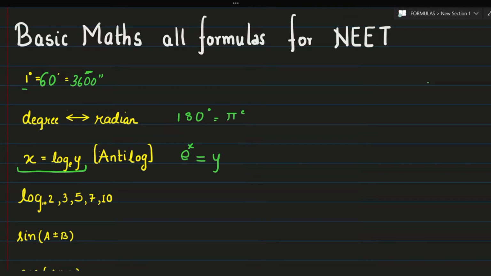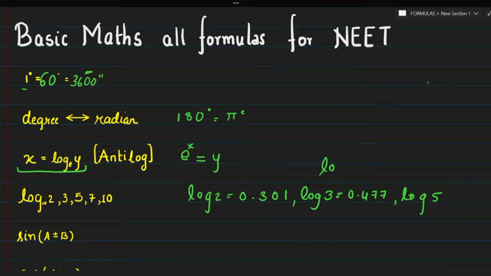After that, log of 2, this is important. Log 2 is equivalent to 0.301. Then log 3 will be equivalent to 0.477. Similarly, log 4. You might ask how to find log 4. Log 4 is nothing but log 2 squared. And according to the property of expansion, the term which is written as a power can be taken in front of the log.